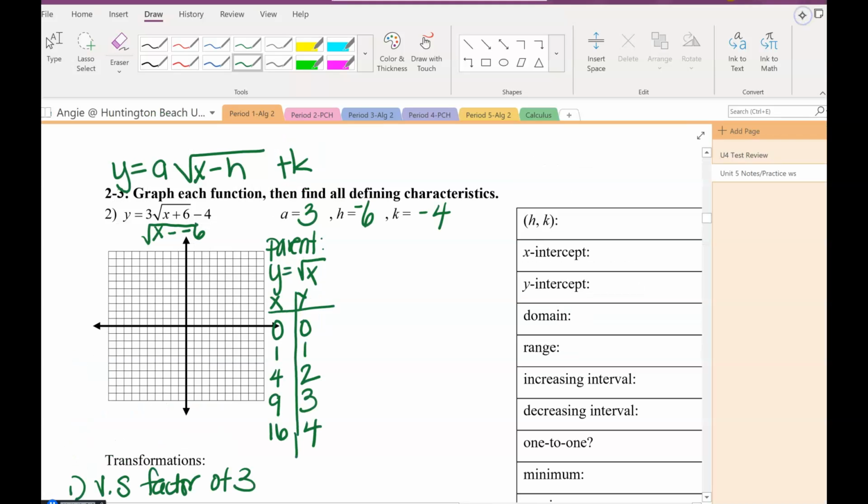Then our transform, I'm going to get a different color pen. The h is going to be x minus 6, so the h goes with the x. The a is going to be multiplied to the y, and the k will be minus 4.